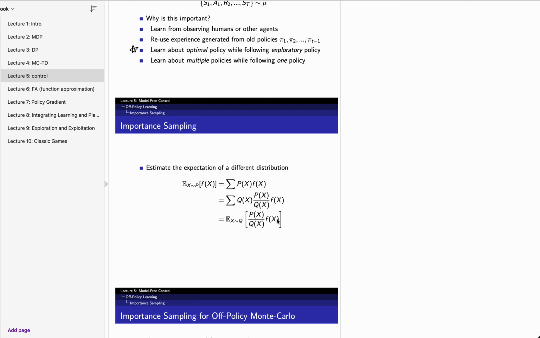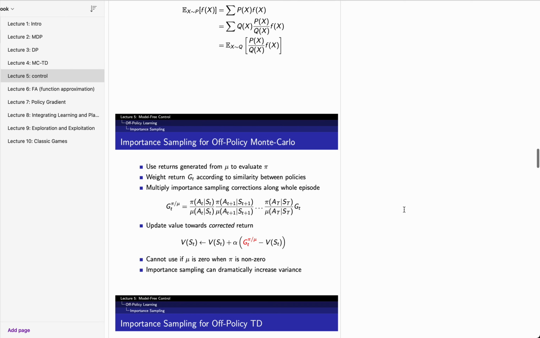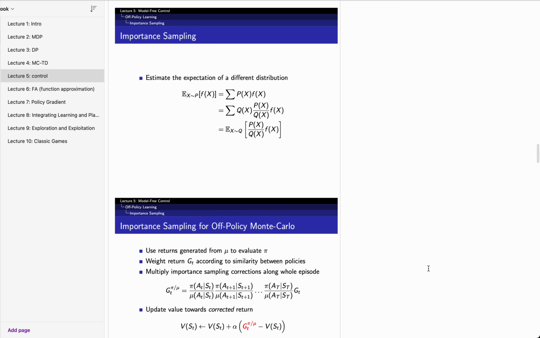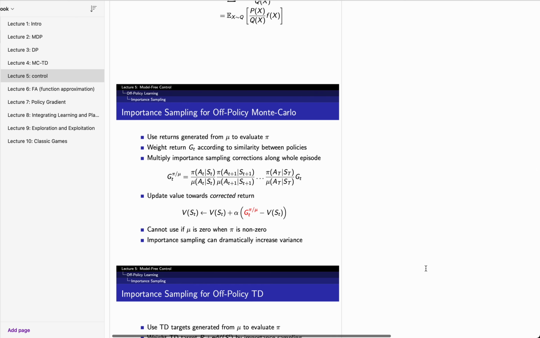You just need to multiply by the ratio between P and Q. So with the concept of importance sampling, how are we going to update off-policy Monte Carlo using the two different policies, mu and pi?